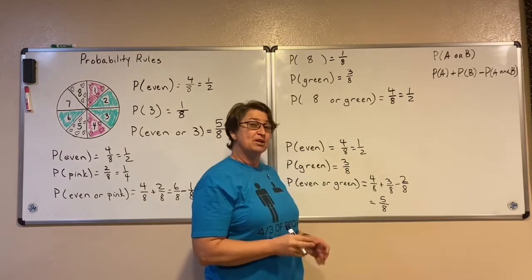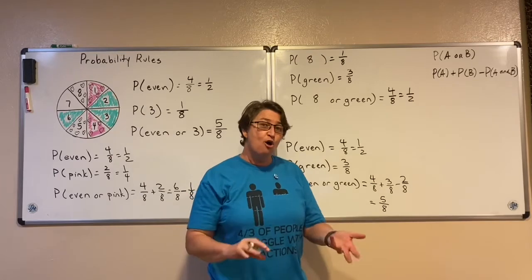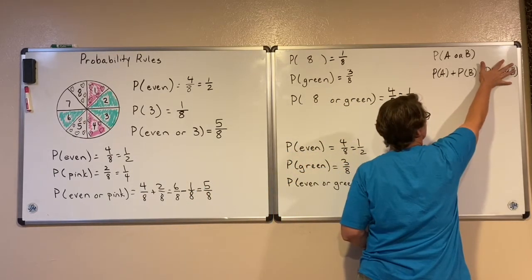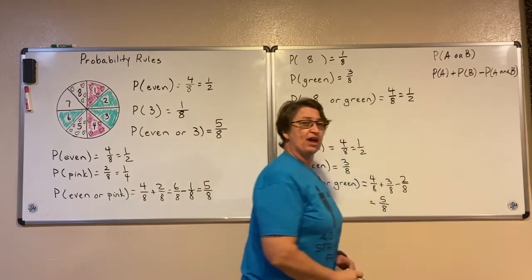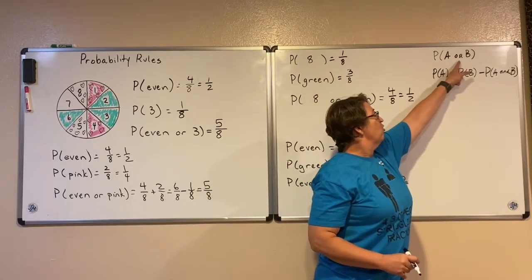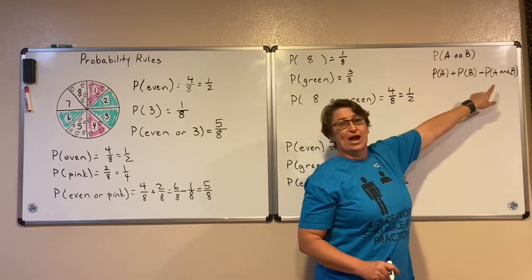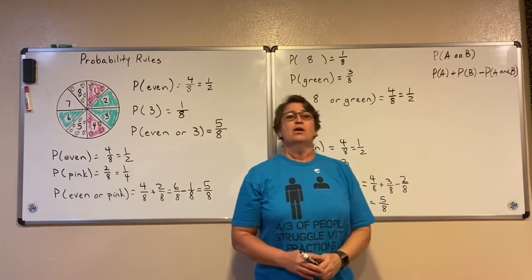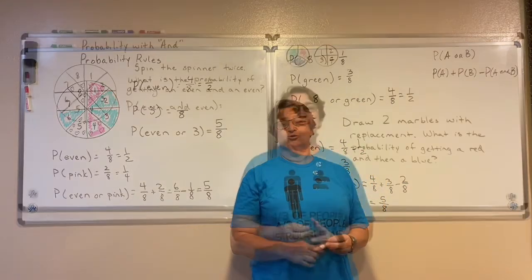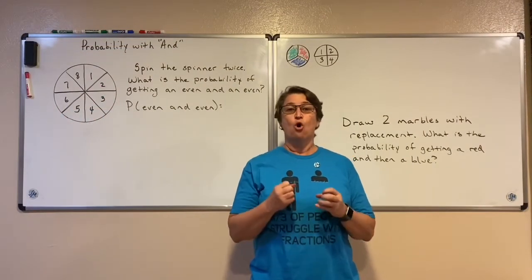If they happen to be mutually exclusive, if they don't overlap, then we don't have to worry about the back part. But that's only if they are mutually exclusive. So anytime we see that or think of the or, we're going to add and subtract any overlap. So that's one of the probability rules. So we just looked at the probability rule for when we have or.